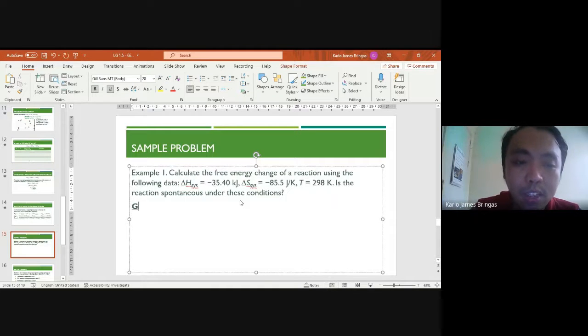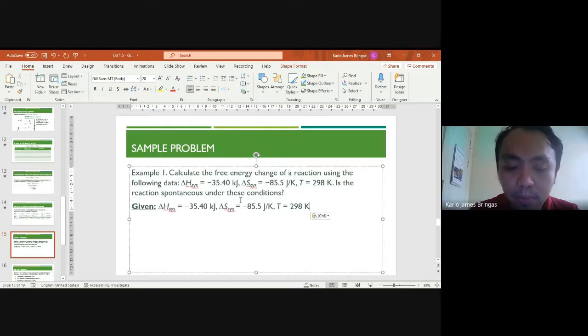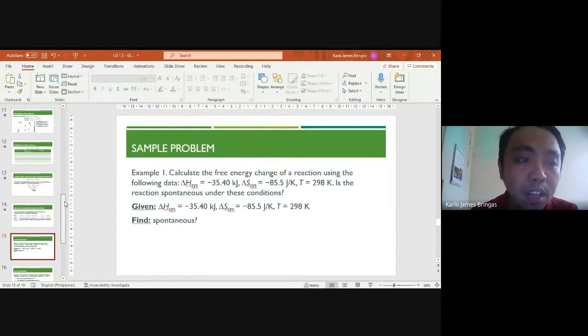To do this, let's first summarize the given data. We have the following. And from this data, what we're supposed to find is whether we have a spontaneous reaction or not. To be able to answer this one, we need to look at equation 17b.